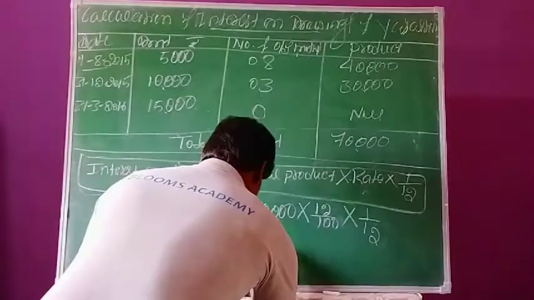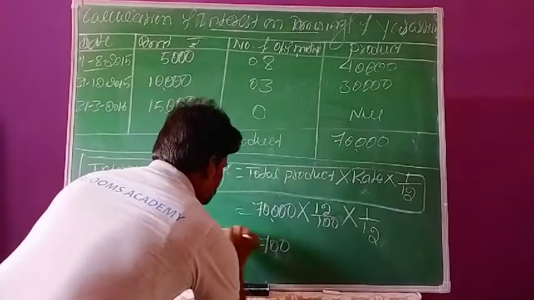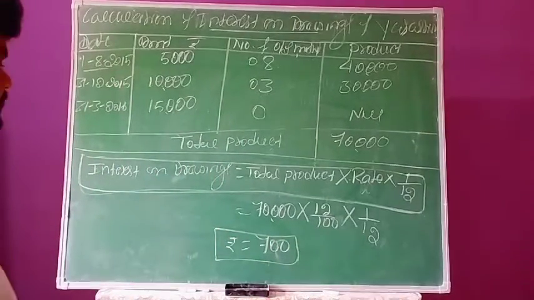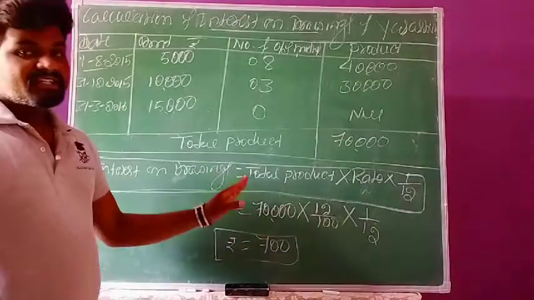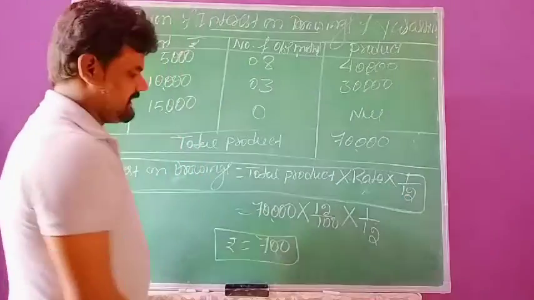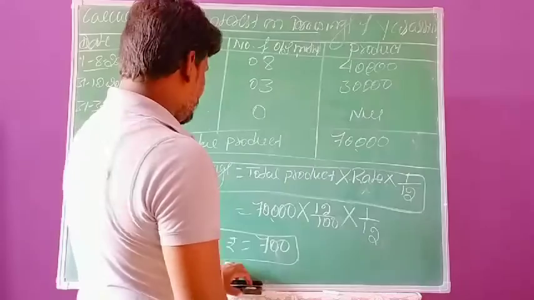So here you will get 700. This is the total interest on Yashasvi's drawings, rupees 700. This is the calculation of interest on drawings.